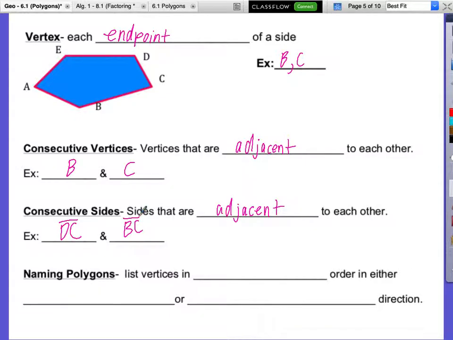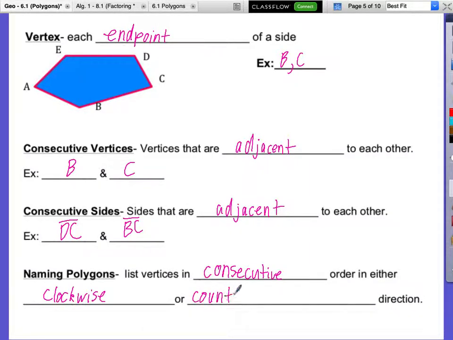Okay, that works. Polygon. So, to name the polygons, we list vertices in consecutive order. Consecutive means the adjacent order, we just go around the polygon in either clockwise or counterclockwise direction.